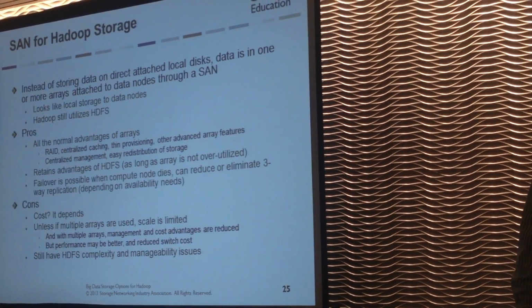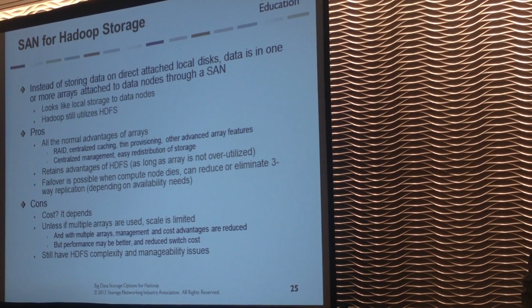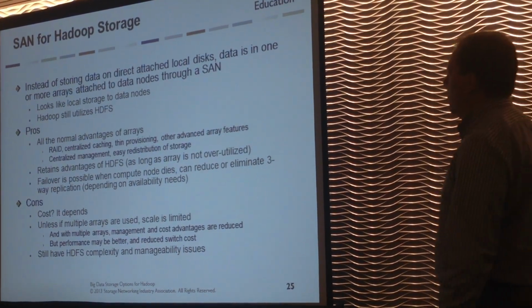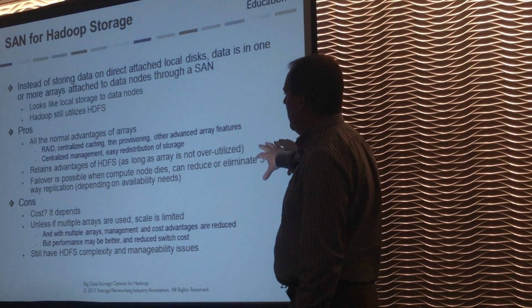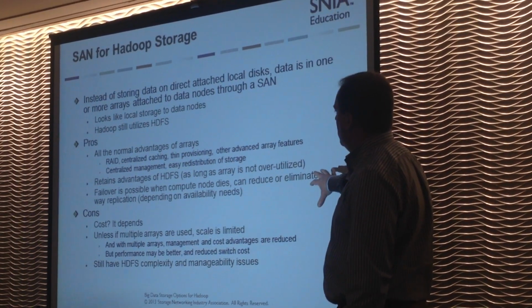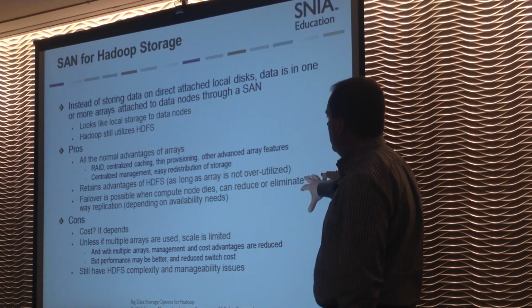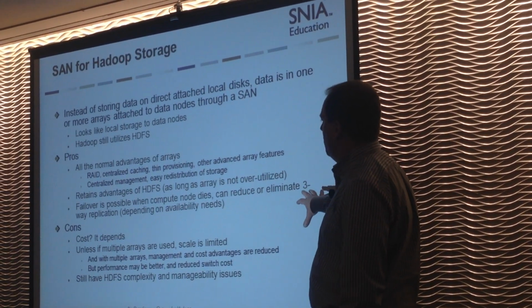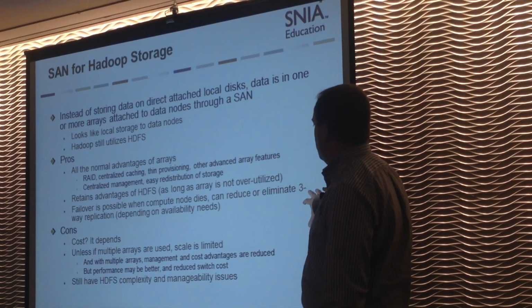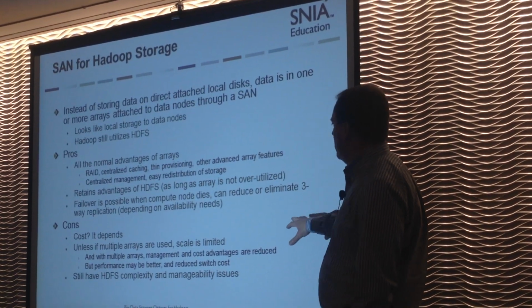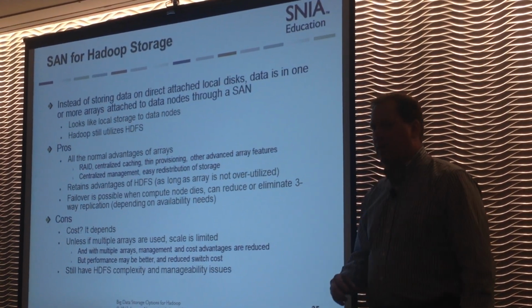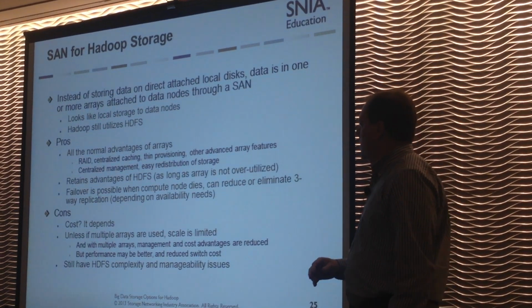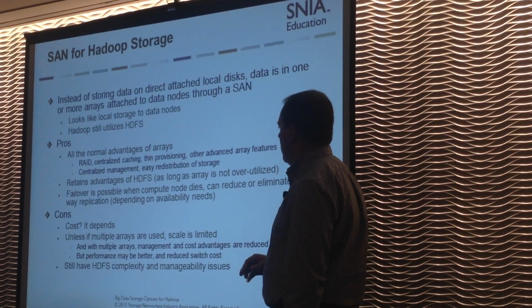In this case, as I mentioned, we have some advantages using RAID. You're still using HDFS, so it still is a separate file system, but there is some benefit there. The disadvantage, of course, is that cost can be an issue depending on the situation.